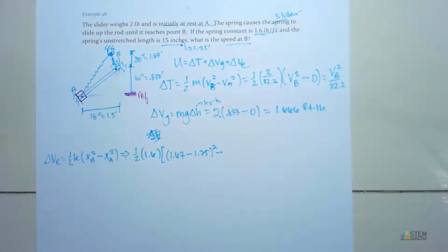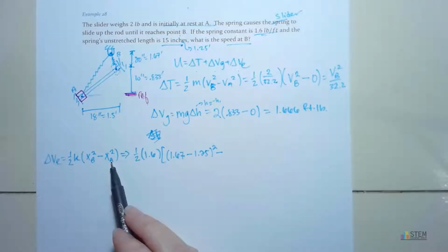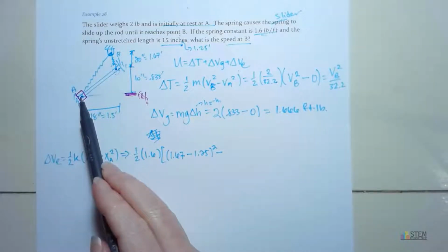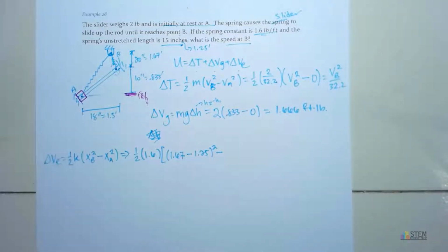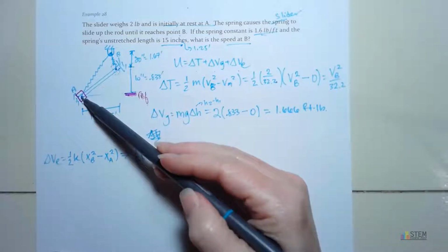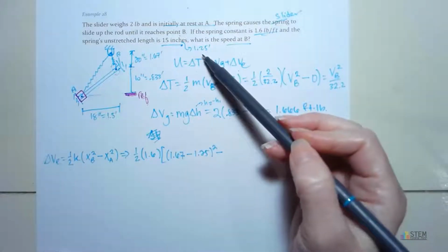Now, the second one that we need is the initial amount of stretch or compression. Well, for this one, the spring is over here. It's looking a little longer, right? So what I need to do is find this length, and then subtract the 1.25.